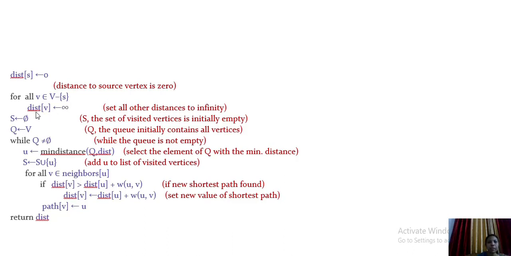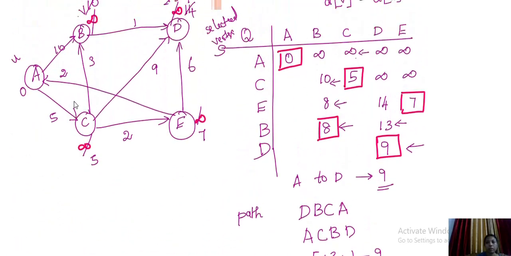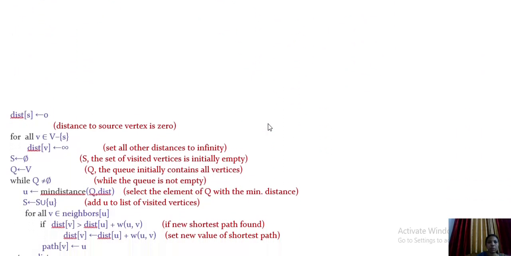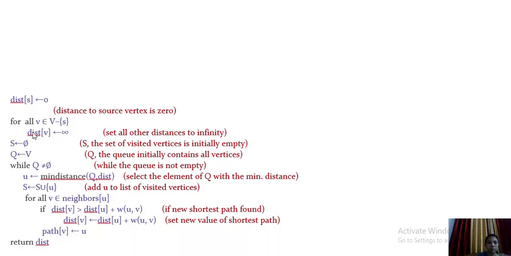Then initially what we did, from A to all the other vertices we have initialized the distance as infinity. From A to A the distance is 0. To all the others we initialize with infinity, right? So that is what we did. So the distance of each and every other vertex, like B, C, D, we are assigning as infinity.